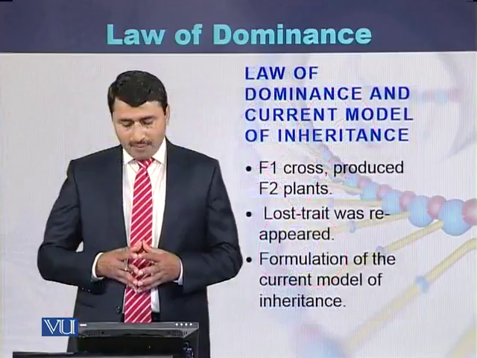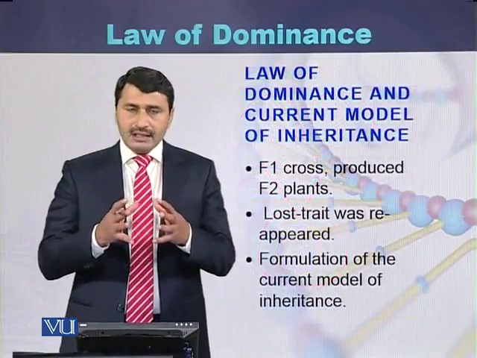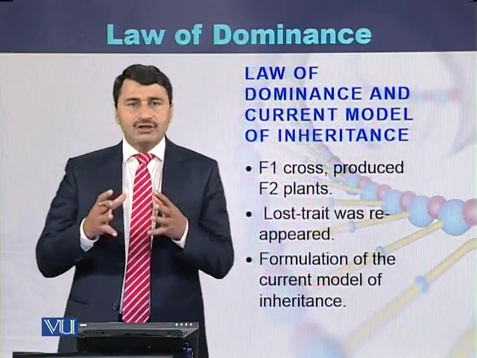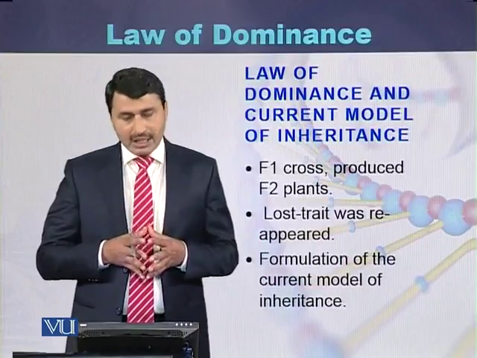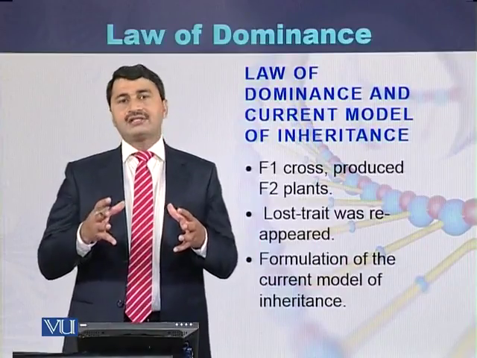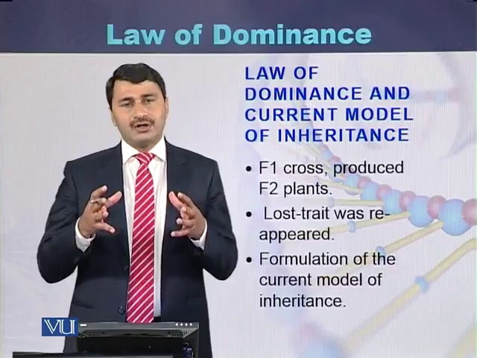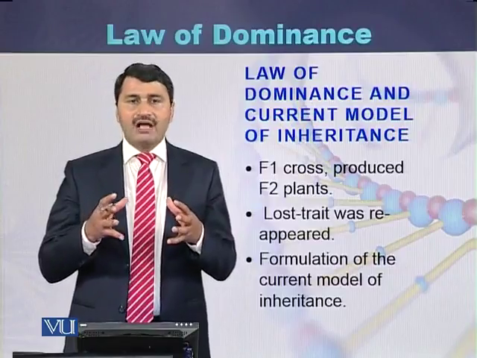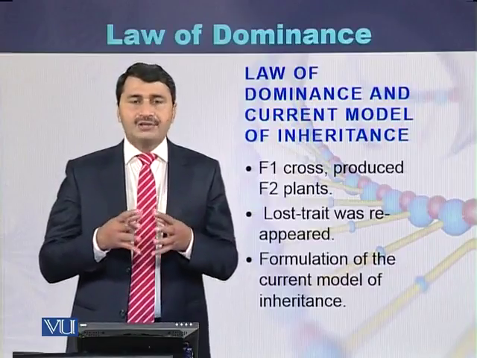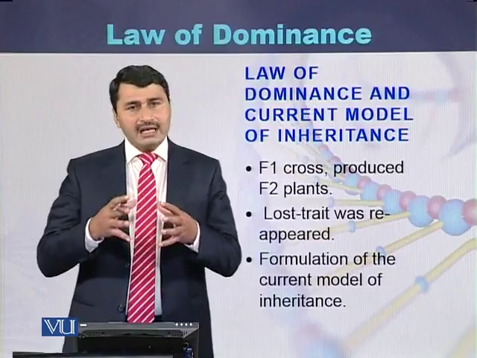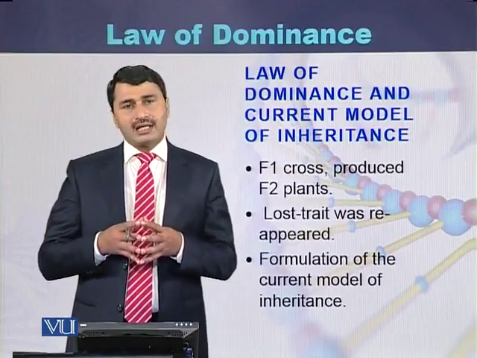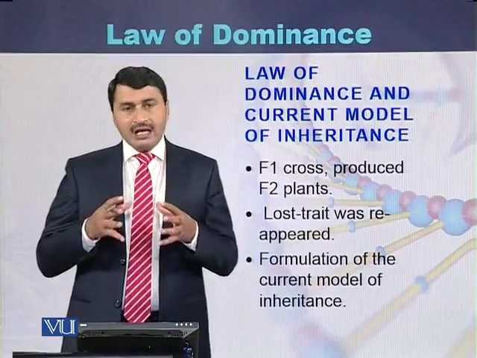If we compare the law of dominance with the current model of inheritance, in the current model, when the plants produced as a result of the F1 cross were interbred with each other, the F2 generation of plants was obtained.